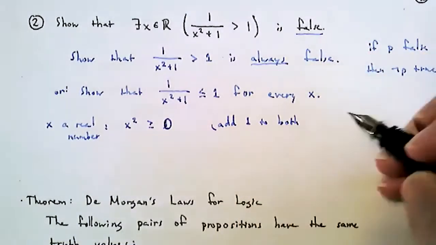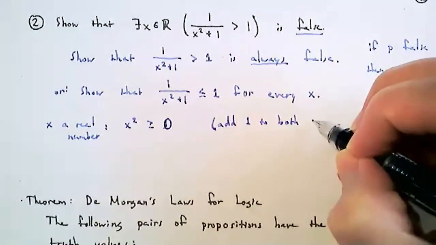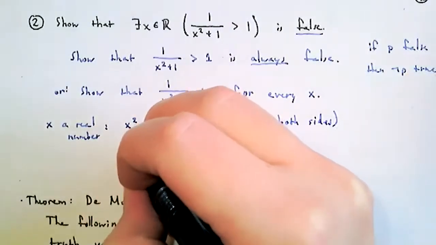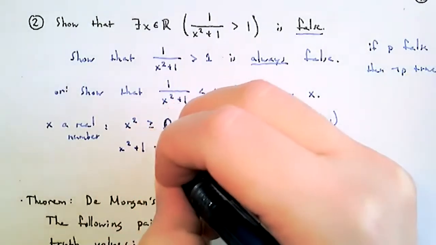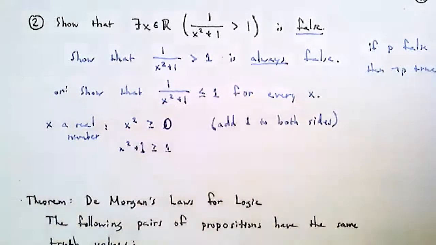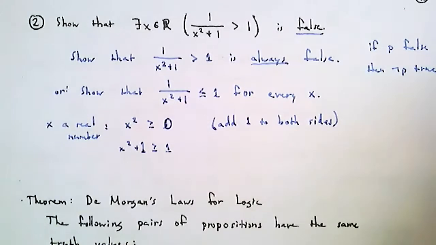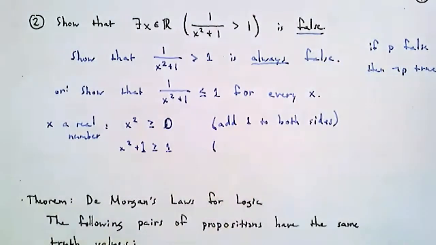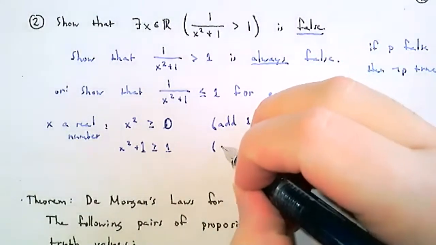And the inequality is still true. So that means x squared plus 1 is greater than or equal to 1. And I can also divide through, as long as I'm not dividing by 0, and as long as we don't divide by a negative number, in which case we have to change around the direction of the inequality.